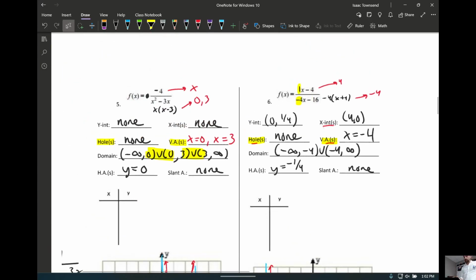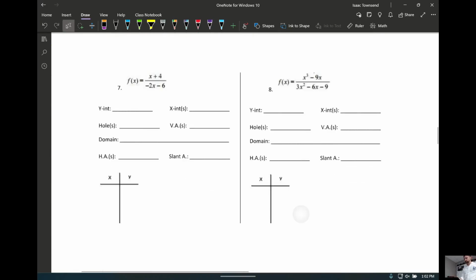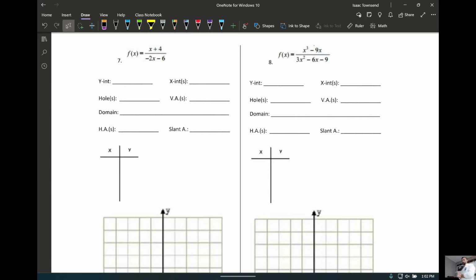Okay, so I'd like you to do at least 3 more of these, please: 7, 8, and 9. You've got almost 25 minutes to do so. Obviously, if you find a question, then go ahead and ask, but I'm going to ask you to try to check them from here on out by graphing in a calculator.